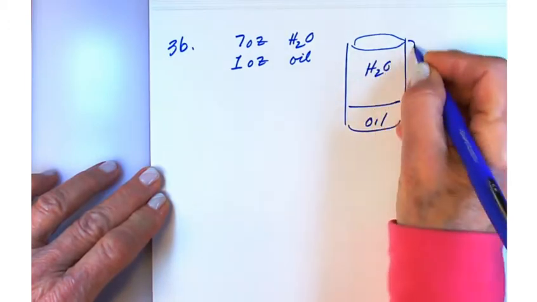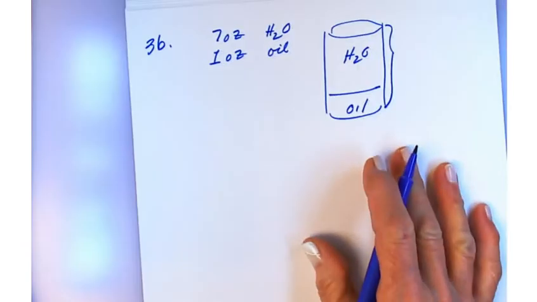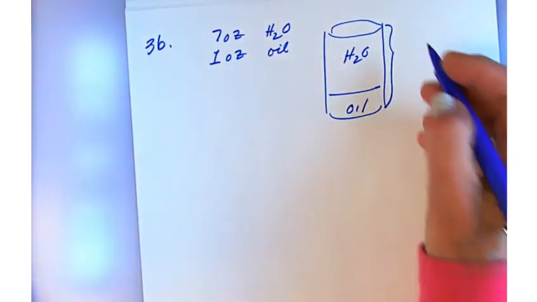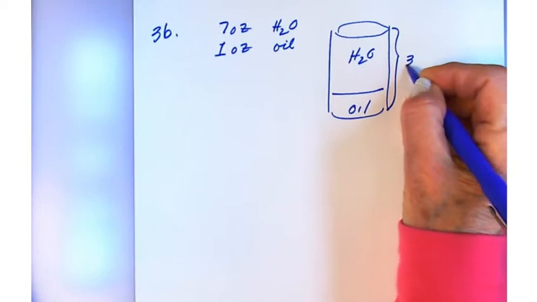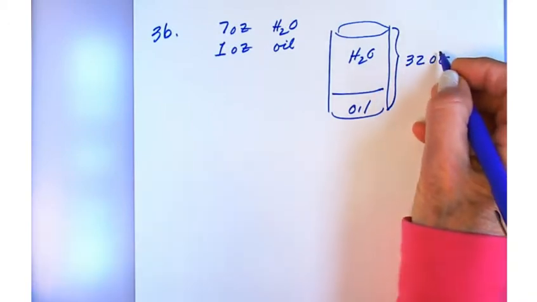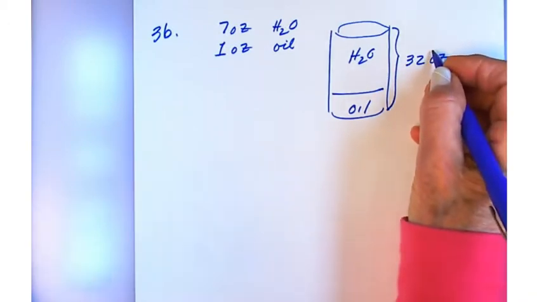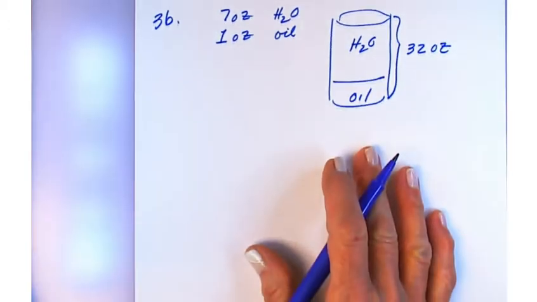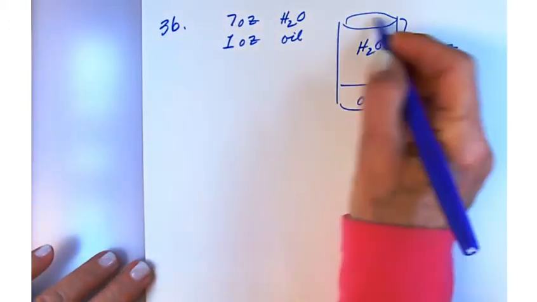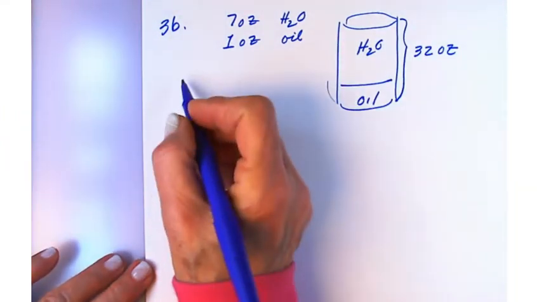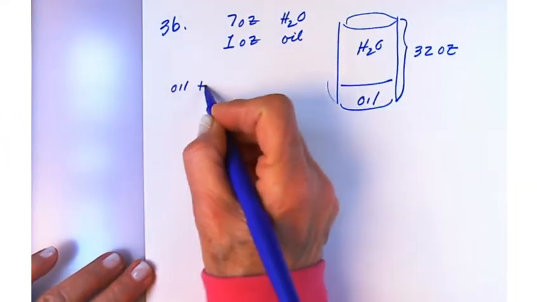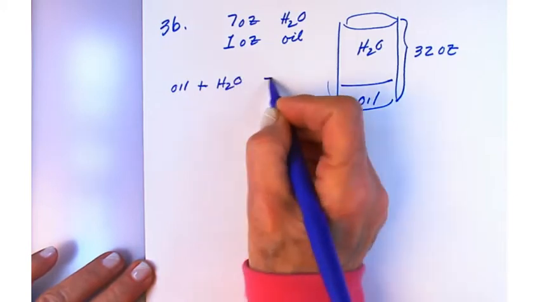But I know what the total is. It has to fill a quart bottle, and a quart is 32 ounces. So let's look at my bottle here. Does everybody agree oil plus water is 32?